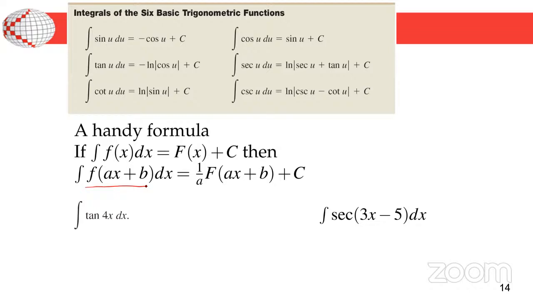This is the case where a substitution u equal to the linear function always works, if the integrand is a function composed with a linear function without any other function as the other factor, then this will always work.